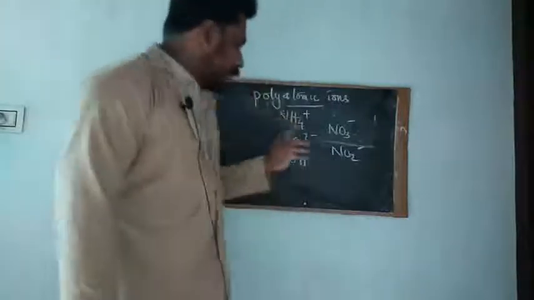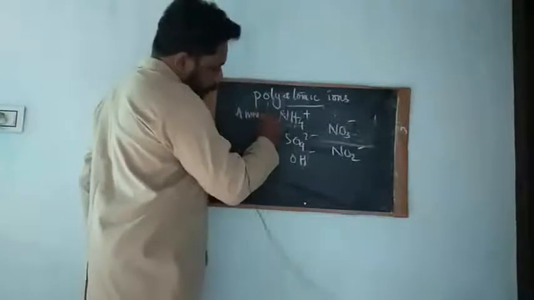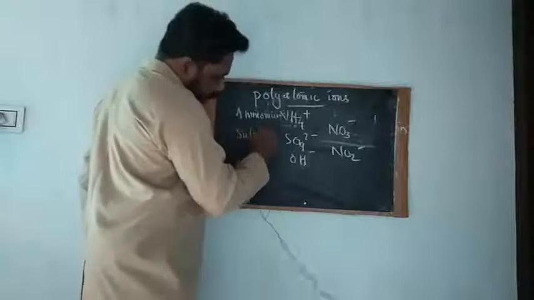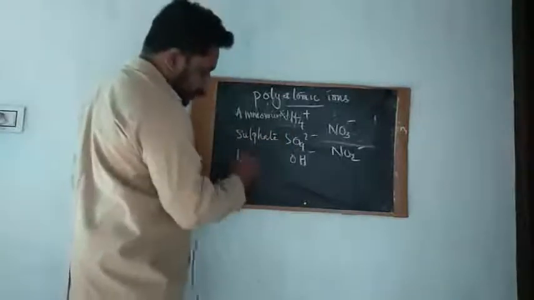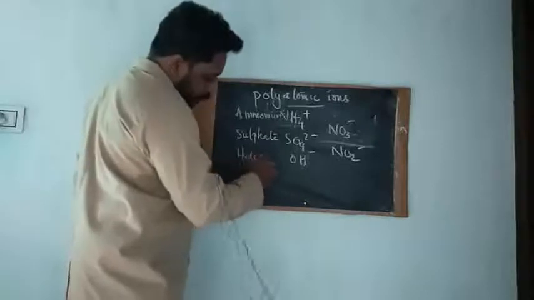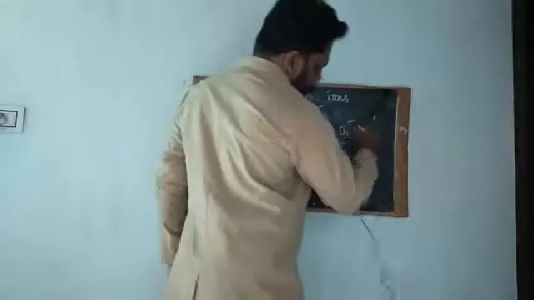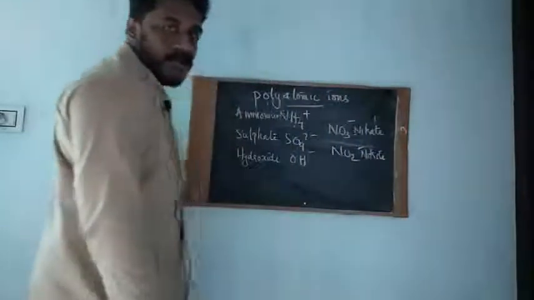Examples: the first one is ammonium. The second one is sulfate, SO4 2 minus. And hydroxide, nitrate, nitrite. All these are examples of polyatomic ions.